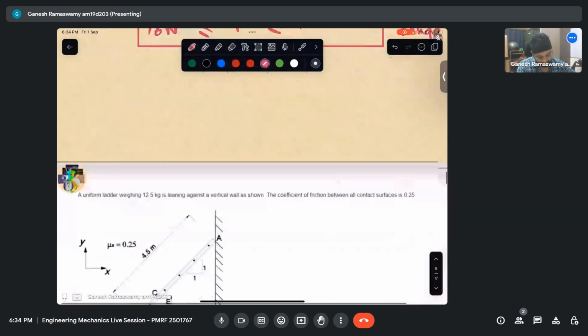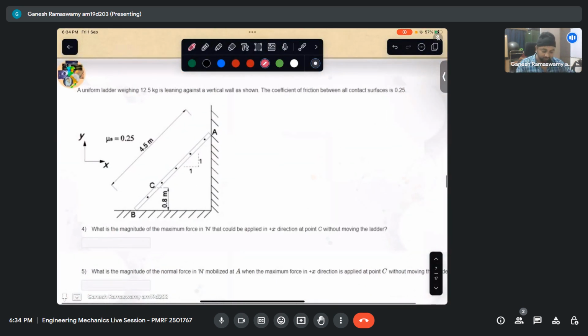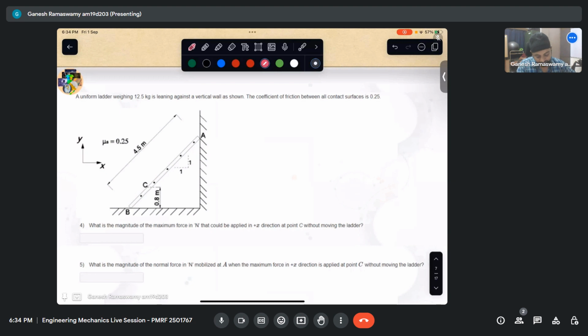Okay. So let us look at the next question. A uniform ladder weighing 12.5 kg is leaning against a vertical wall. So we have this wall and then we have the floor here.